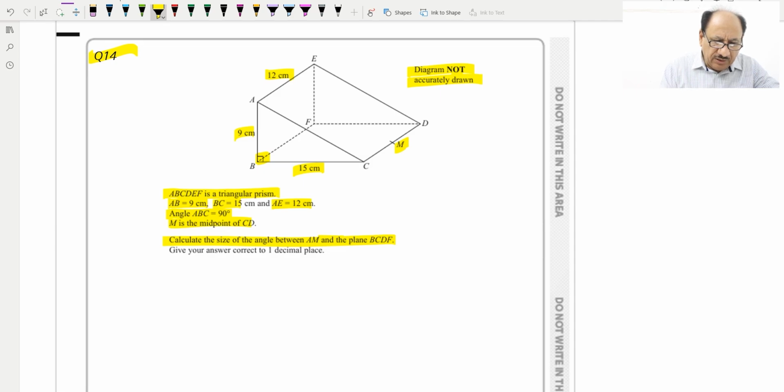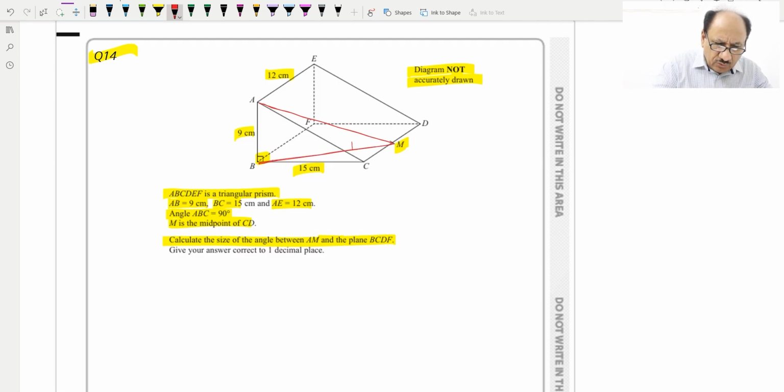So first we need to understand which angle is required. First we will indicate where our AM is. AM is this one, and the base angle we need to indicate will be this one.